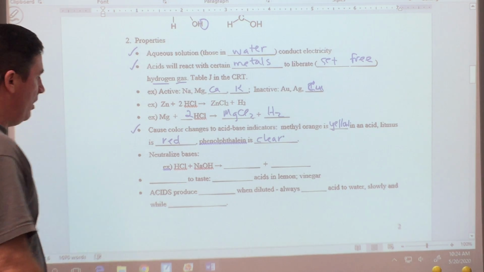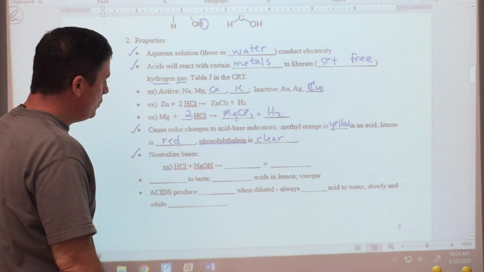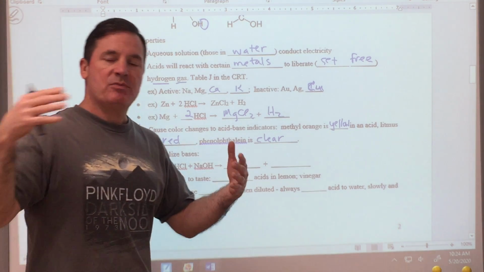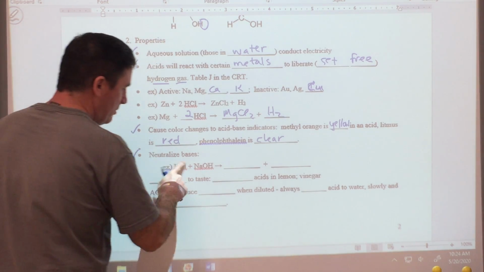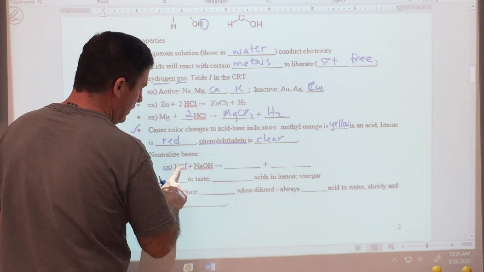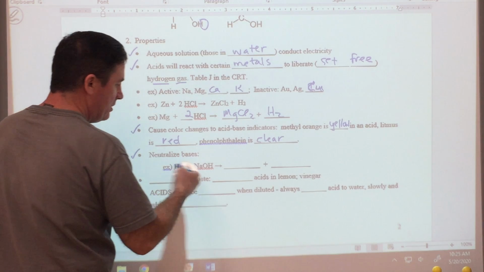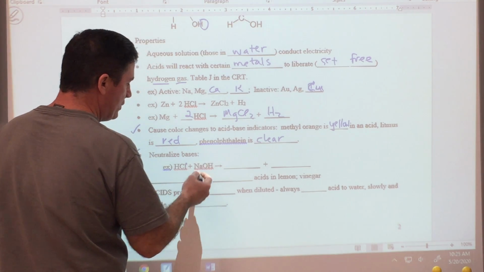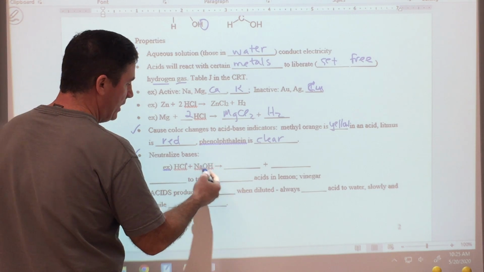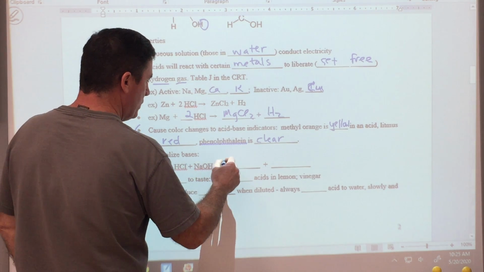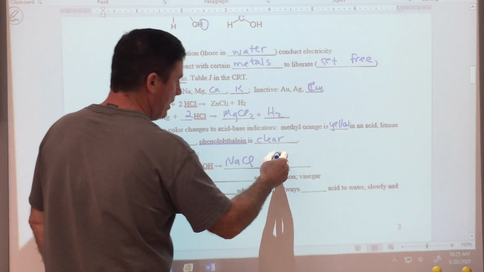Another thing that acids are known for is to neutralize bases. Neutralize means to bring the pH back down to 0. So HCl, that's hydrochloric acid, combined with sodium hydroxide, they're going to switch essentially. Sodium is going to kick the hydrogen out, and the hydrogen is going to combine with the OH. So we get sodium chloride, which is salt, and HOH is the same thing as water.